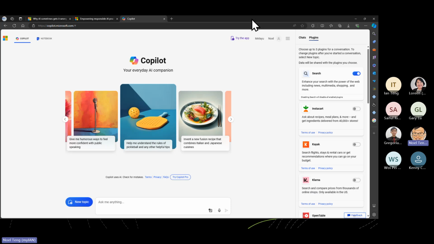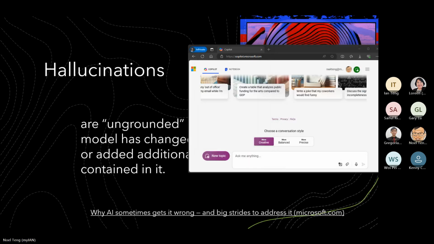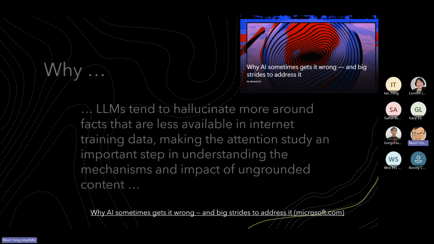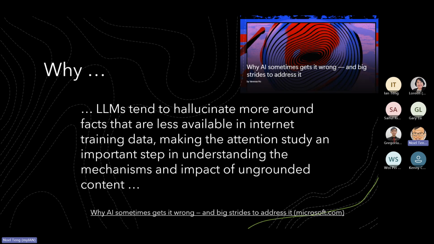Right. So that's the bit on hallucination and so forth. Any questions on that? Okay. So hallucination. So why? All right. So this author, Vanessa, tried to put a perspective to it. It says LLMs, large language models, tend to hallucinate more around facts that are less available on the internet in terms of the training data that they use.